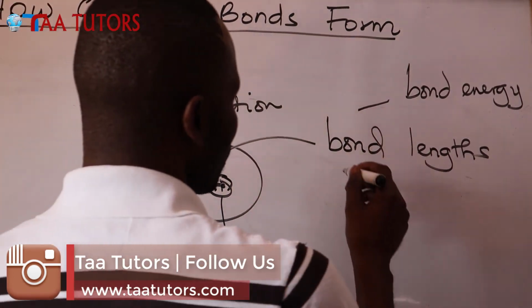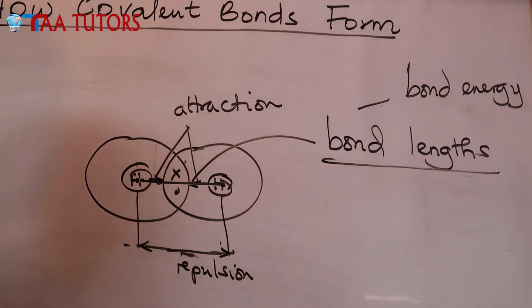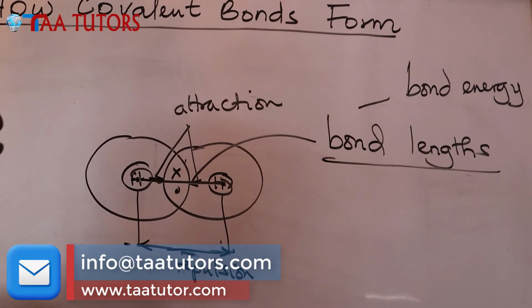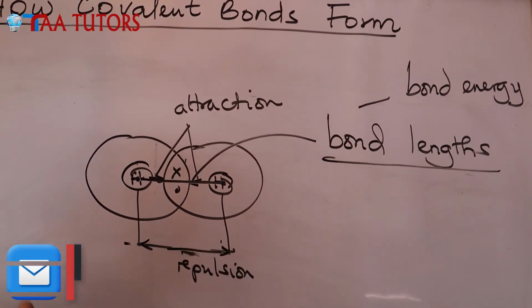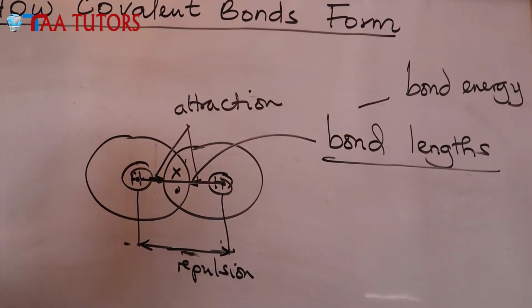Now, if the bond length is shorter, then that bond is stronger. So a shorter bond is much stronger than a longer one.